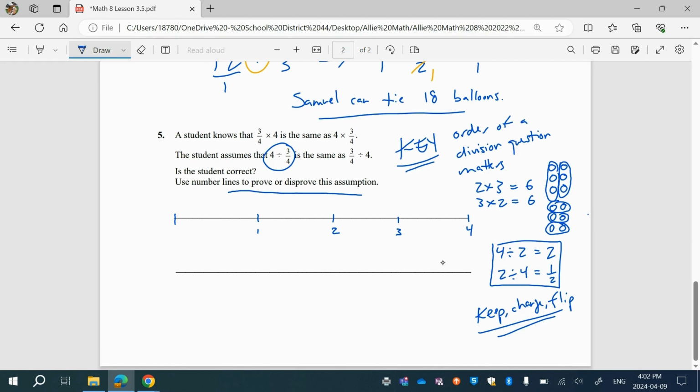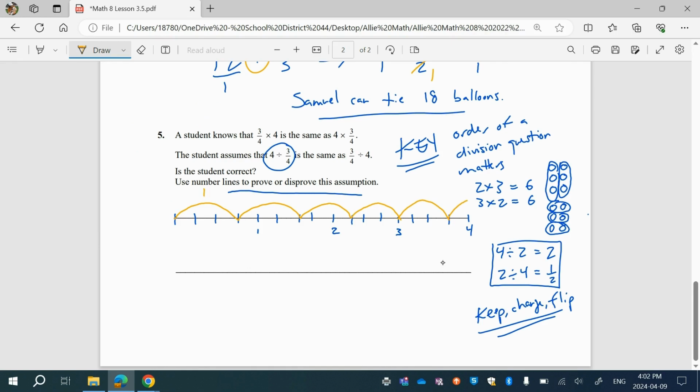Now we're going to divide it by quarters. So I want to split each of these into 4 sections. And now we're trying to find out how many times you can get 3/4 out of there. So that's 3/4, that's 3/4, that's 3/4, that's 3/4, that's 3/4, and that's 1/3 of 3/4.